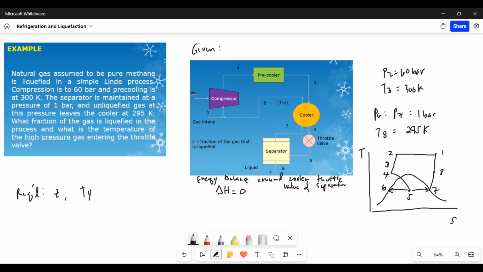So if we want to write the enthalpies, that would be Z, which is the mass fraction of the liquefied portion, Z times H6 plus 1 minus Z times H8 minus H3, equal to 0.